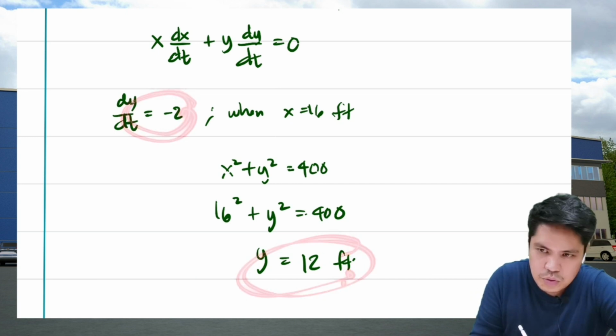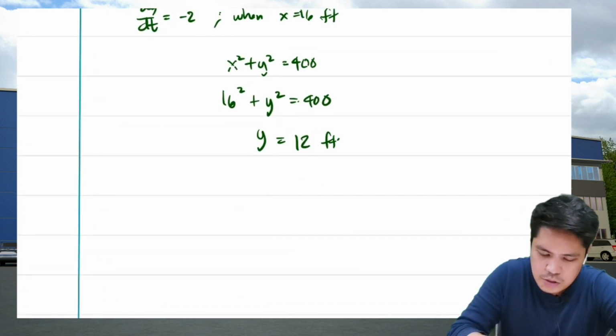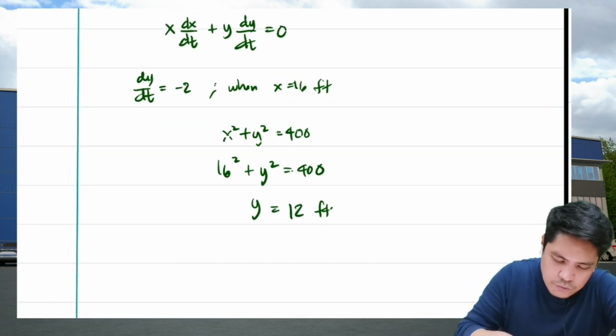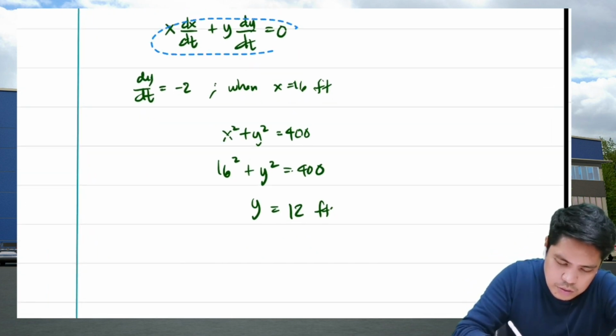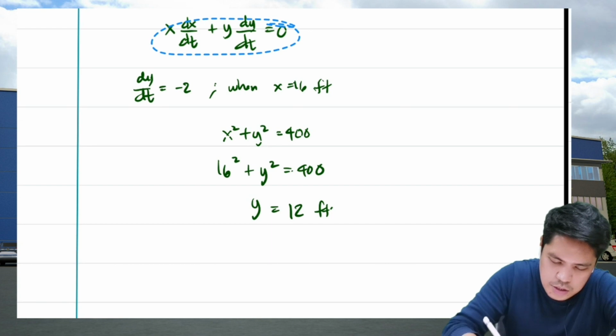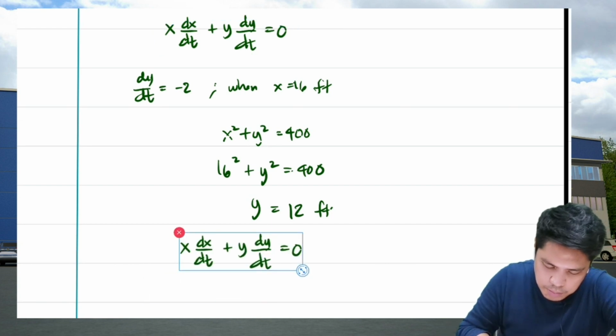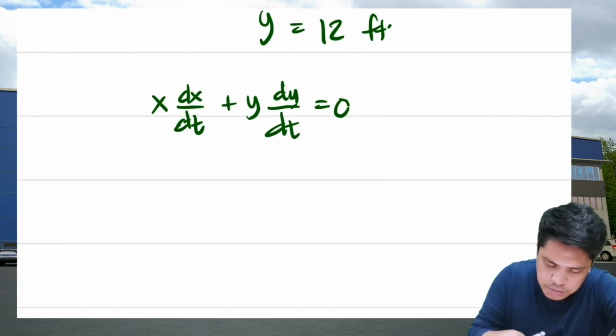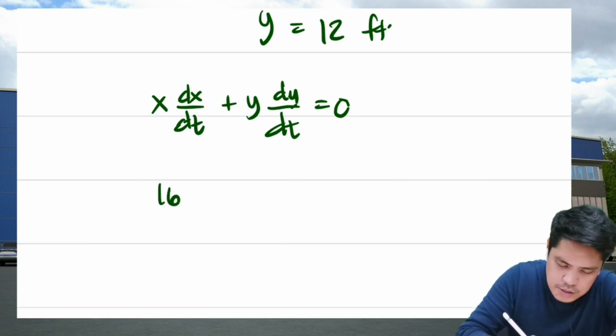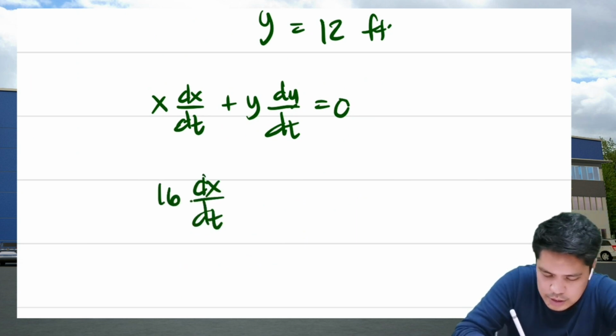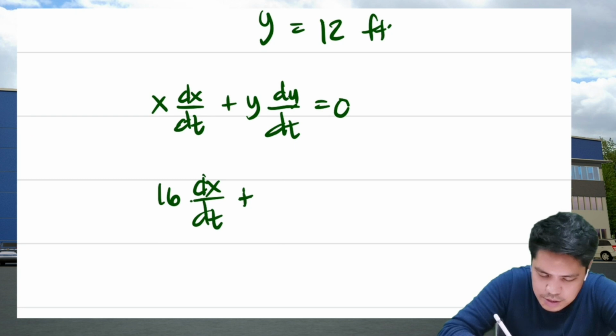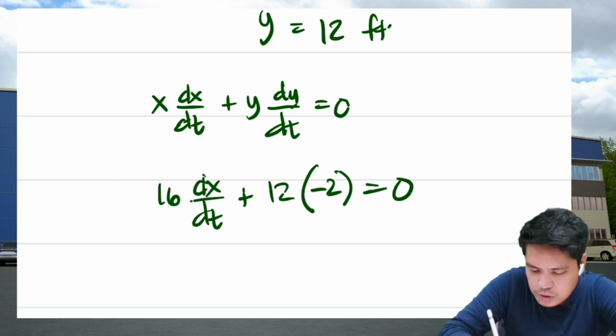Okay, so what would be the value of dx over dt? So let's go back to this formula and just substitute. So copy, paste, then we'll just substitute. X is equal to 16, dx over dt is unknown, plus when x is 16, y is 12, times dy over dt, which is negative 2, equal to 0.